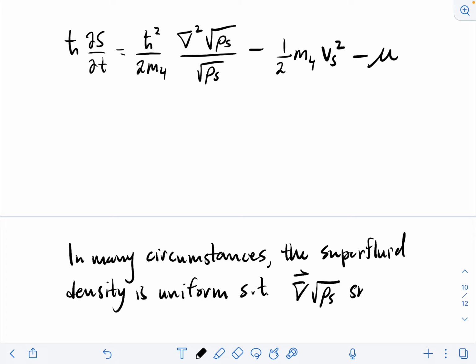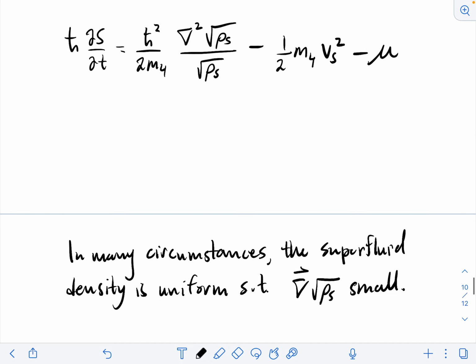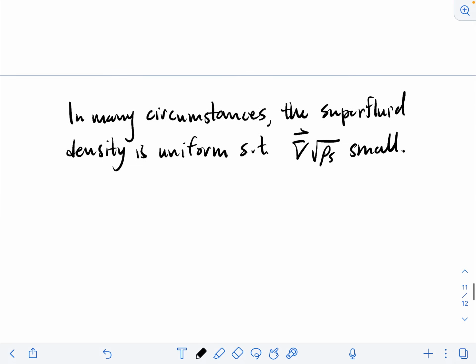In fact, when we were first thinking about interpreting the phase of our wave function, we started out by assuming that the amplitude of the wave function was independent of position. That's equivalent to saying that the superfluid density is uniform in position. If we do that, then we can ignore this first term on the right-hand side, and we end up with an equation that I'm going to identify as equation star, and it's something that we'll work with again in the next video.